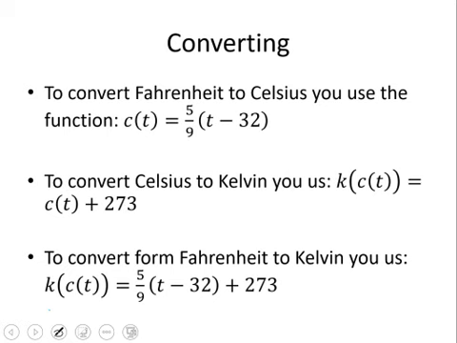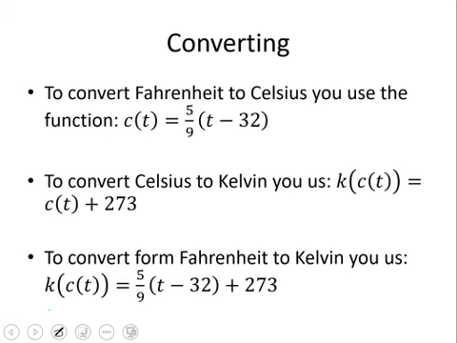The closer you get to 0, the closer you get to absolute zero, where everything stops and all the atoms stop moving. So you don't deal with negatives. Since that occurs at about 273 point some odd, we take our Celsius and just add 273 to it, and that gets us our Kelvin.